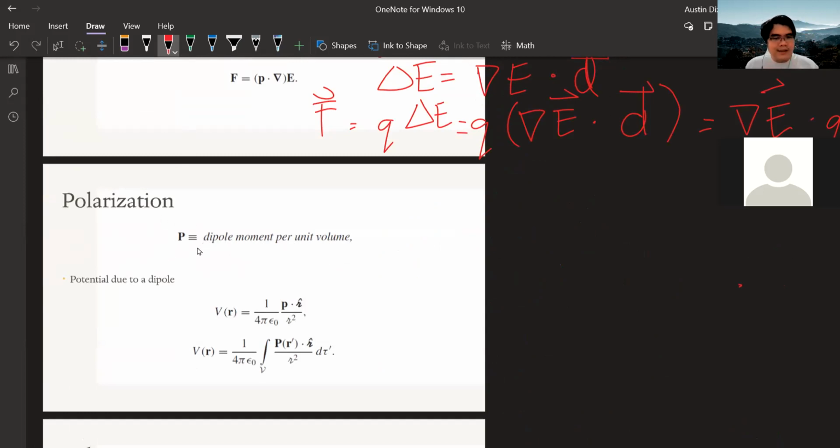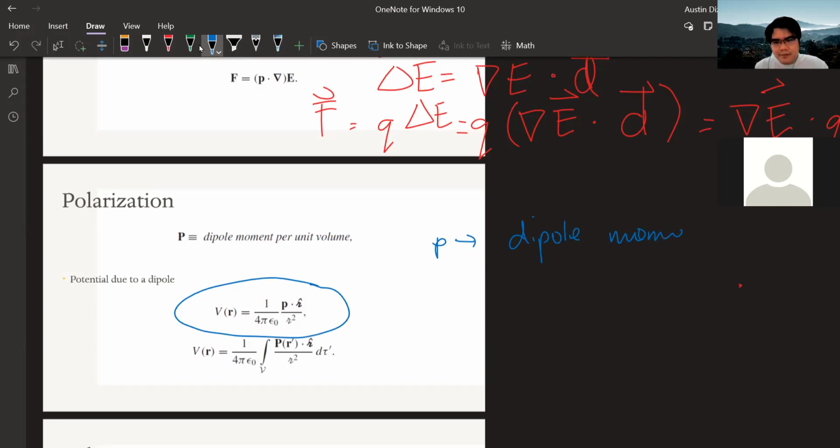Now, we want to know the potential due to a dipole. And that is given from last topic, di ba? Nag-ano tayo, multipole expansion. Tapos kinuha natin sa dipole. And we actually arrived at this conclusion. Okay? What is P? Small p is dipole moment. Capital P is dipole moment per volume.